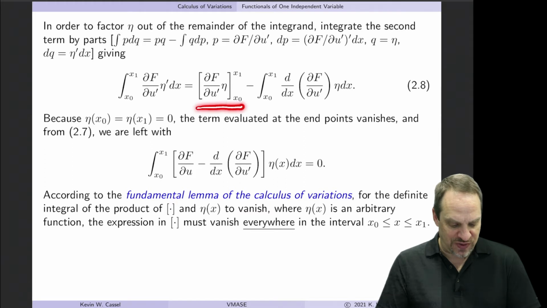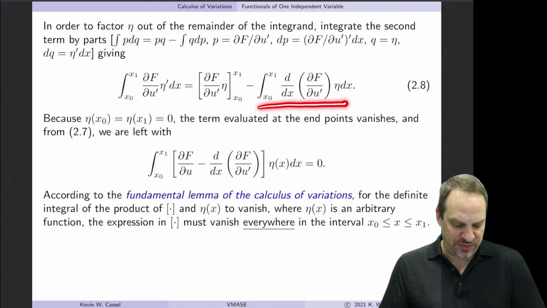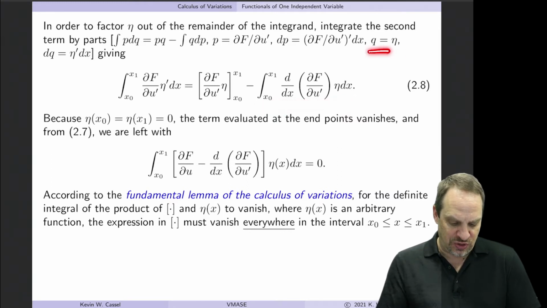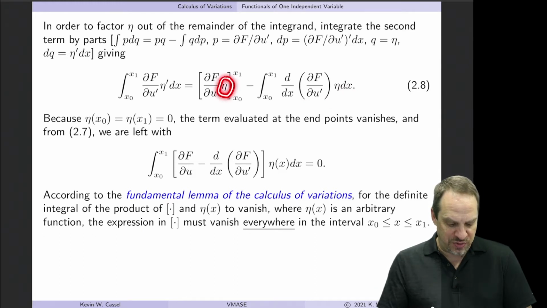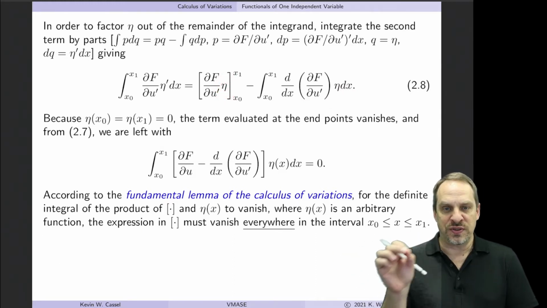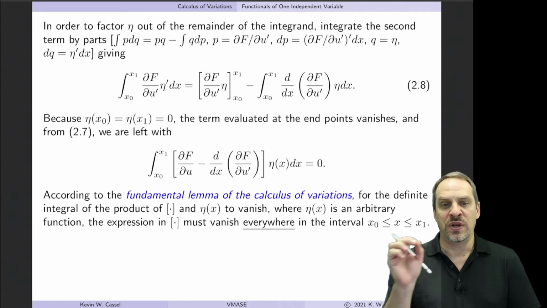We get the terms evaluated at the endpoints, x0 and x1. That's p times q. And then we have minus the integral of q times dp. So the q here is eta, and the dp is d/dx of partial f partial u prime times dx. Now eta, remember, at the two endpoints is 0, because we know the value of u at the endpoint.